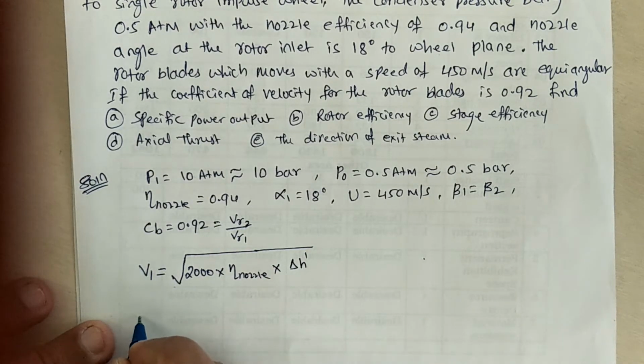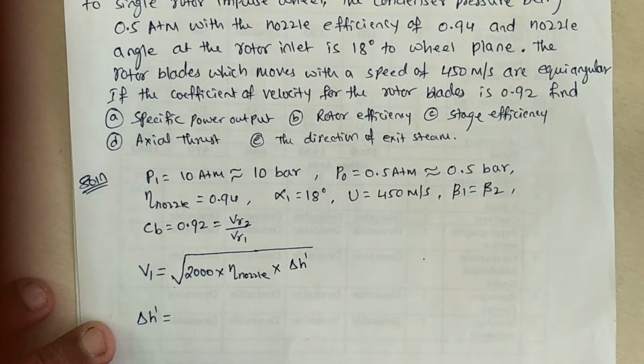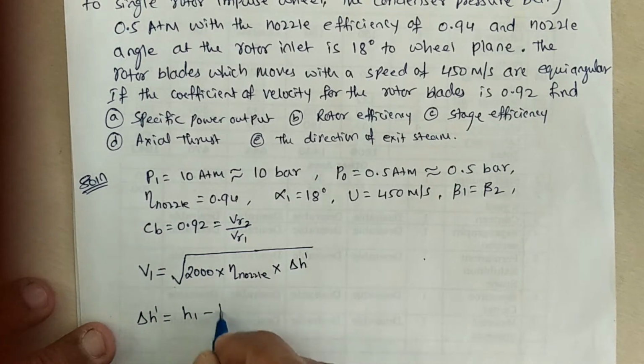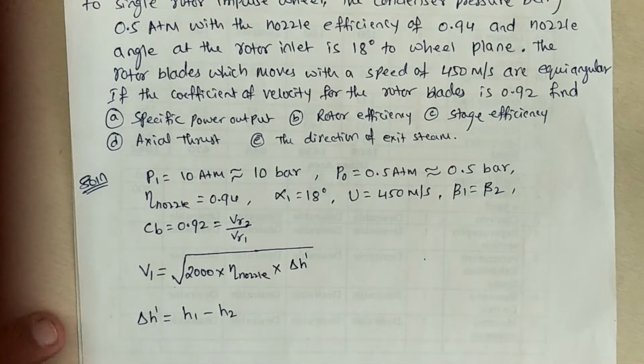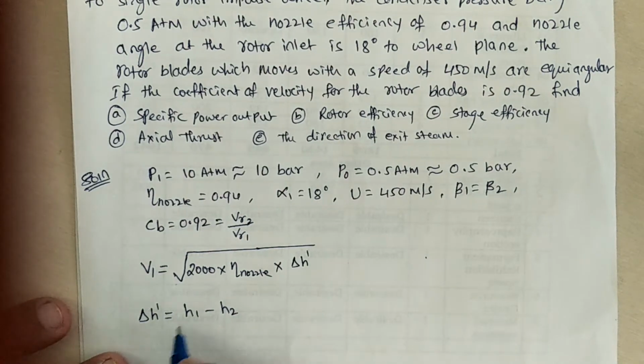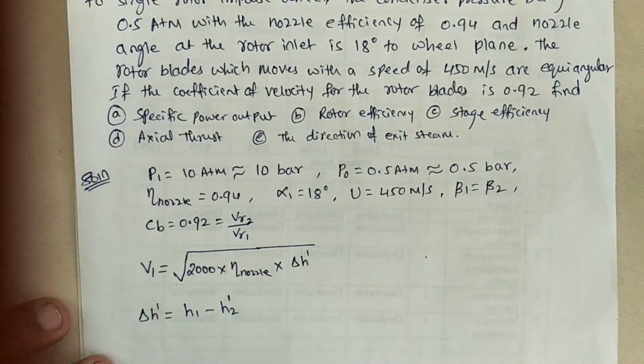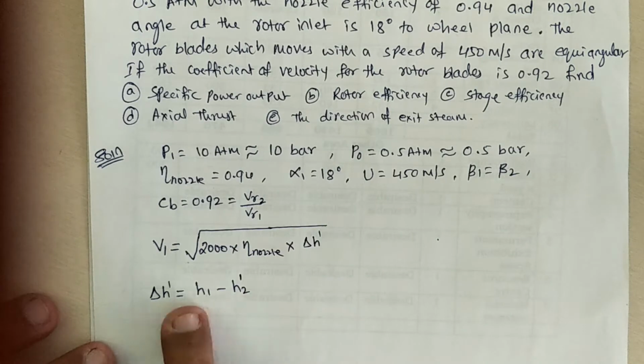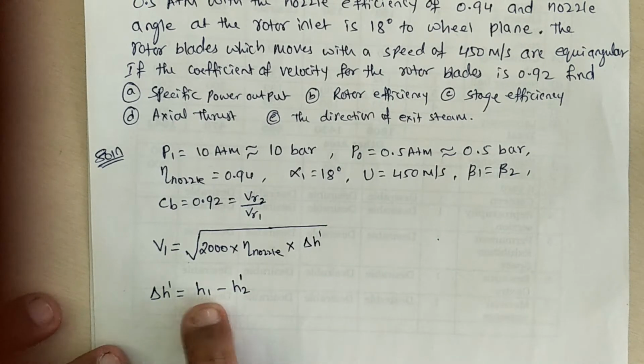So I can write delta H dash is equal to h1 minus h2 dash. So how am I going to calculate the values of h1 and h2?